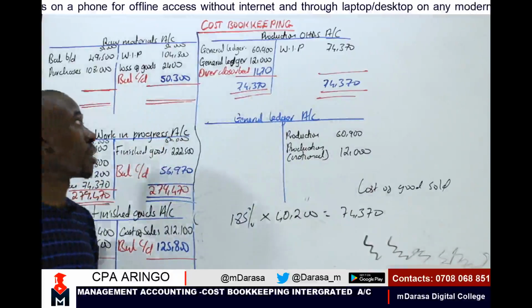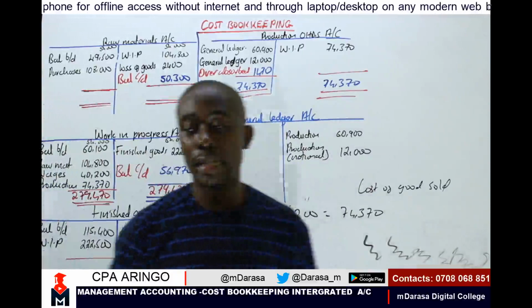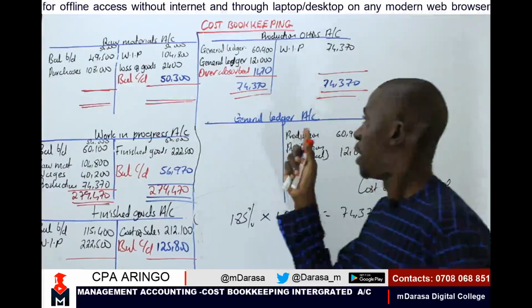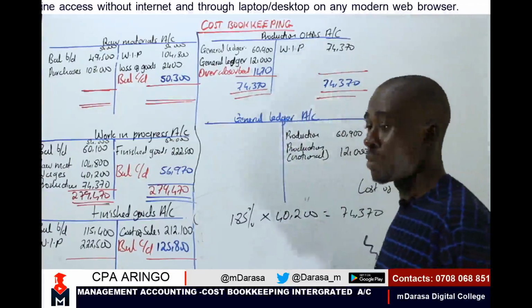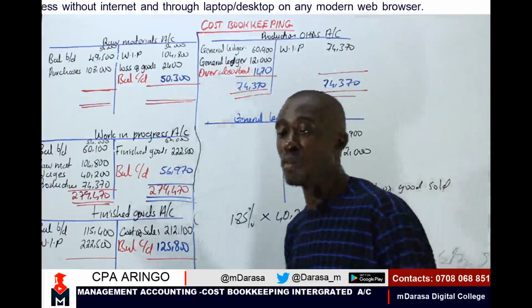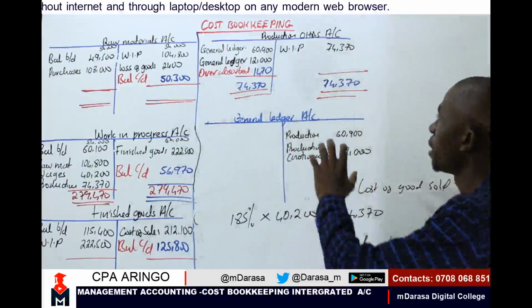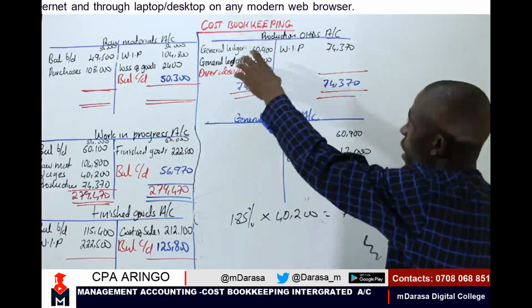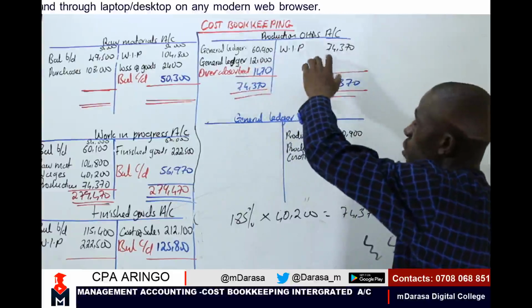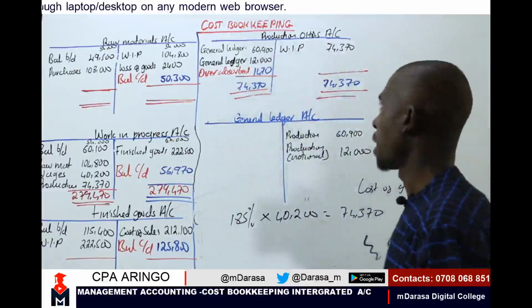Remember, we'll not be having the balance carried down under production overheads. In this case, what we'll be looking at is either the aspect of over or under absorption of overheads. If the actual was more than what was absorbed, in that case we could be having under absorption.